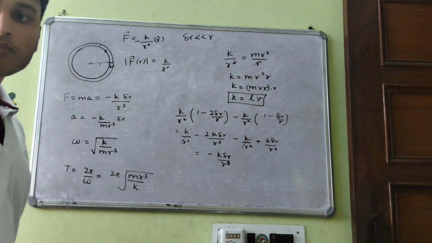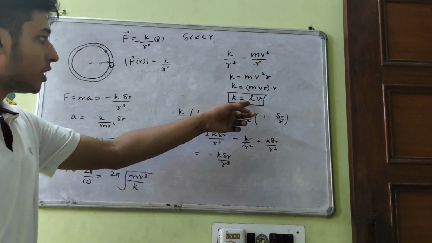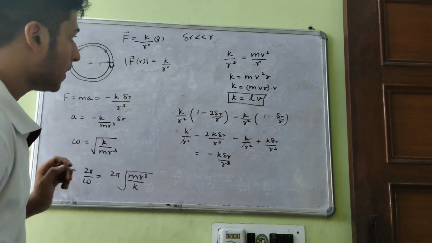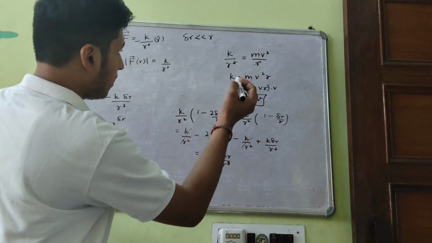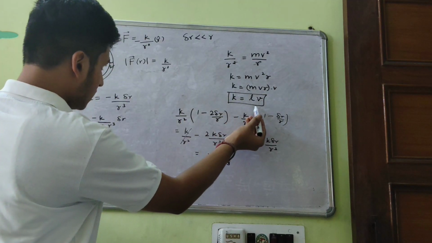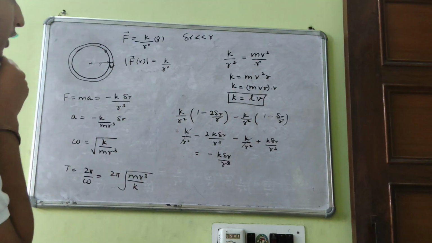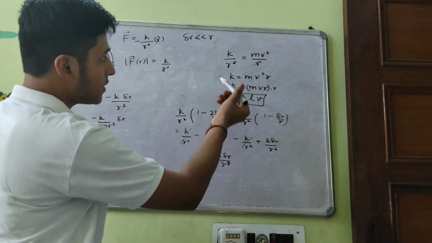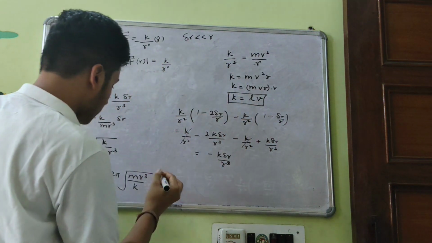But in the options, the options are given in terms of L, angular momentum, and not R. So we have to substitute here. Since K equals LV, what can we substitute? Okay, so R is K by mv square. K by R is mv square, so R is K by mv square.